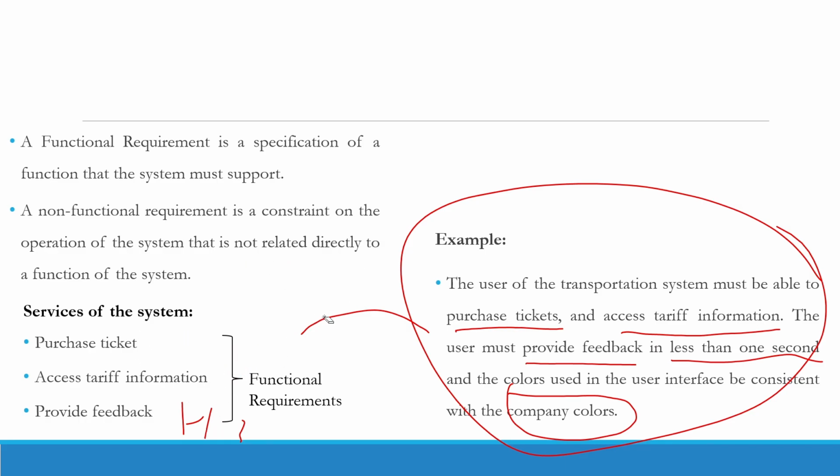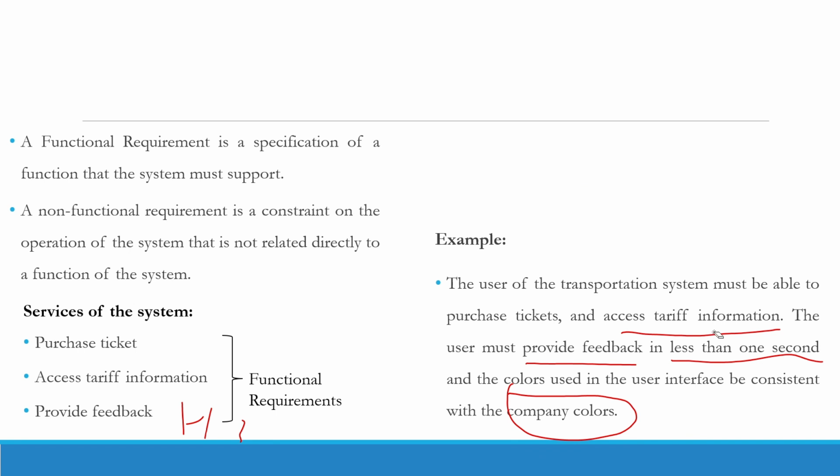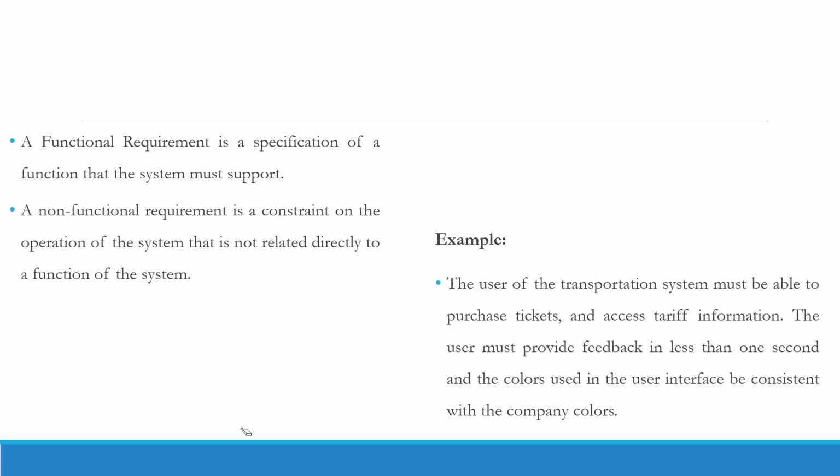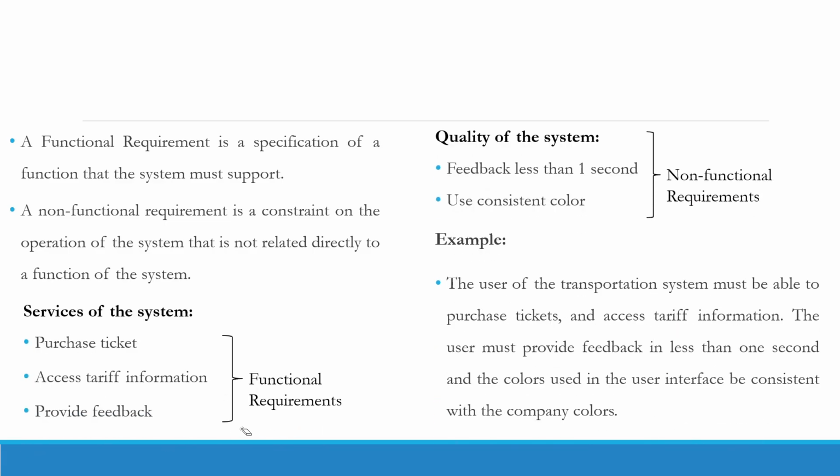That's one thing. So here we have the functional requirements, and also we will extract the non-functional requirements. These non-functional requirements will determine the quality and performance of the system. Let's see.